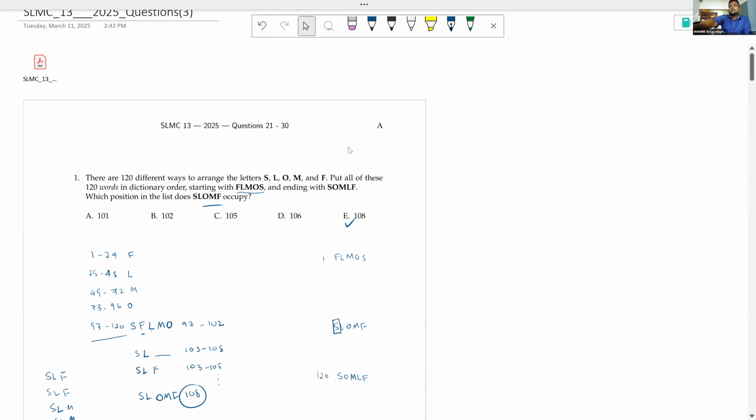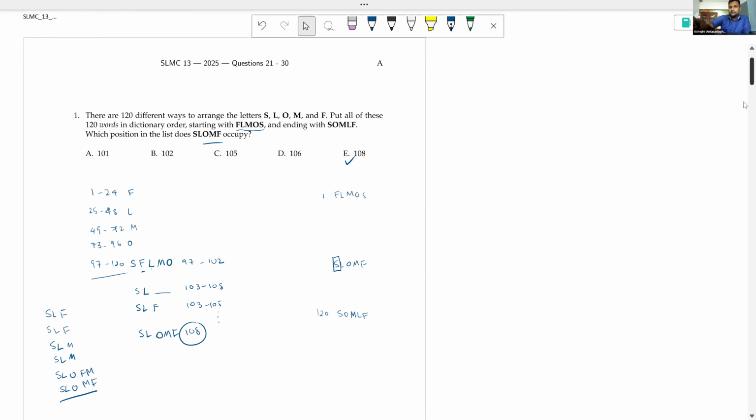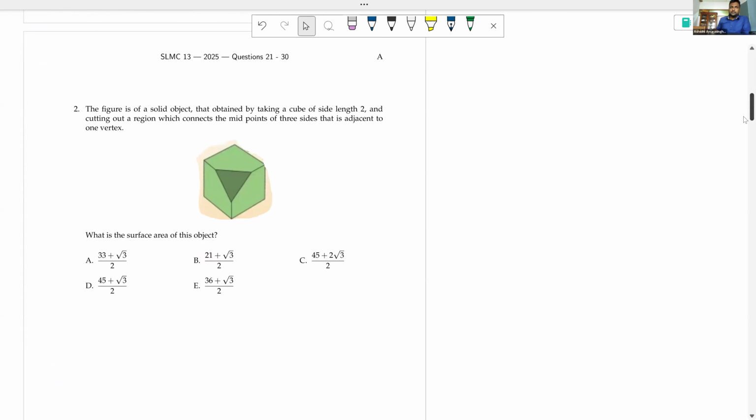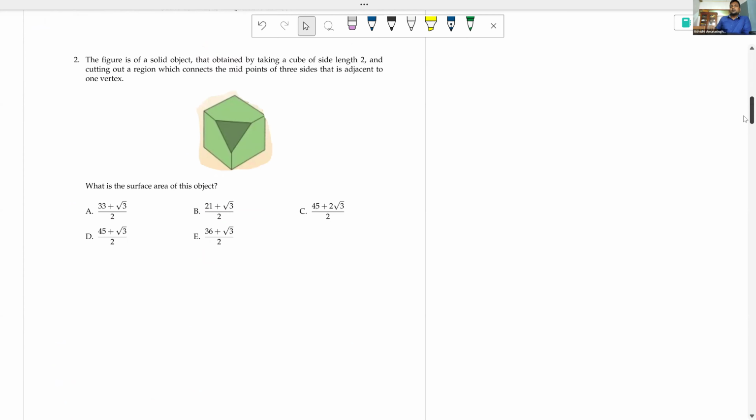Let's move on to the second question. If you're really thinking of what kind of question this is, it would be a question on permutations and combinations and also counting things. So let's move on to question number 22. The figure of the solid object obtained by taking the cube of side length 2. You can see only this part is cut.